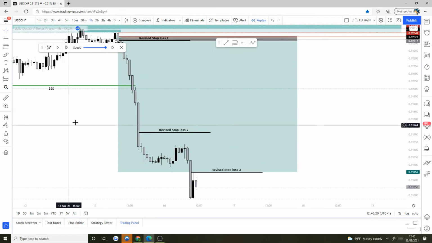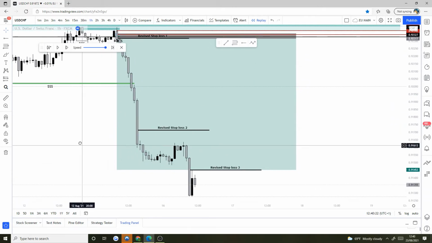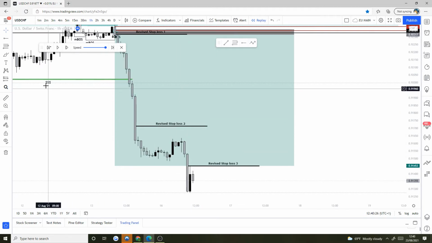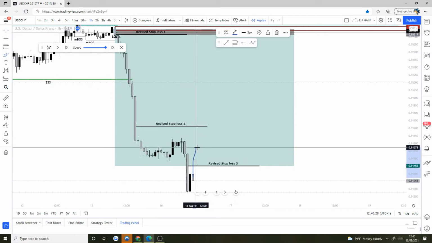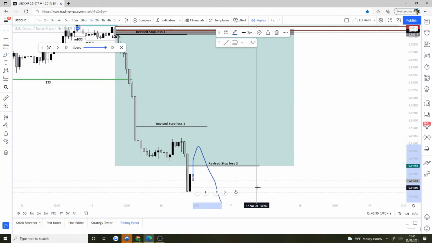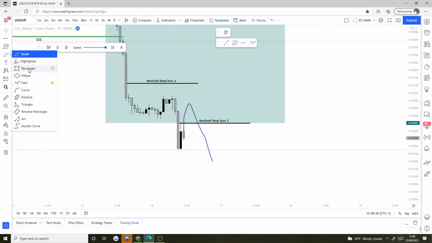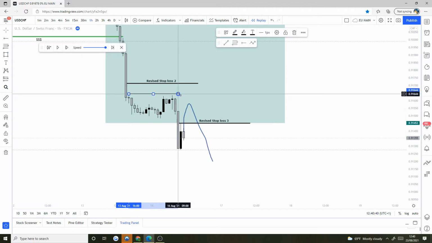So at this point, I made a new revised stop loss, and I just kept my stop loss just above this high here, because I still acknowledged that price could have just come up and then gone down and then continued to the daily low. And I did think that there was some liquidity just above this area, just here.